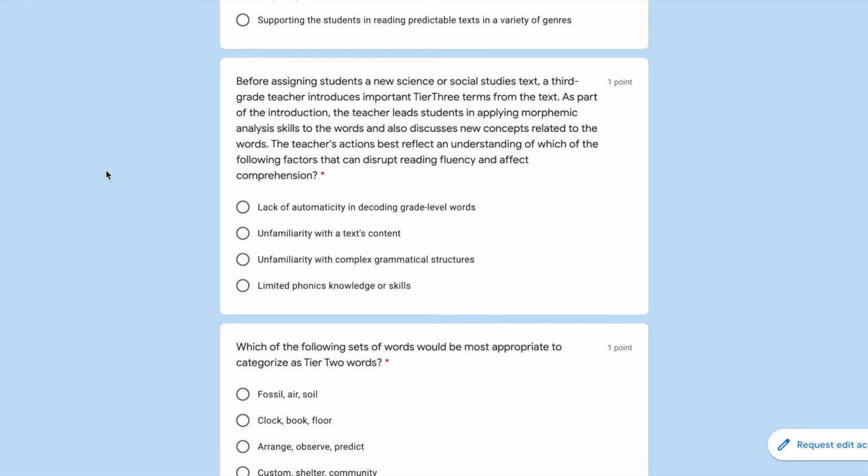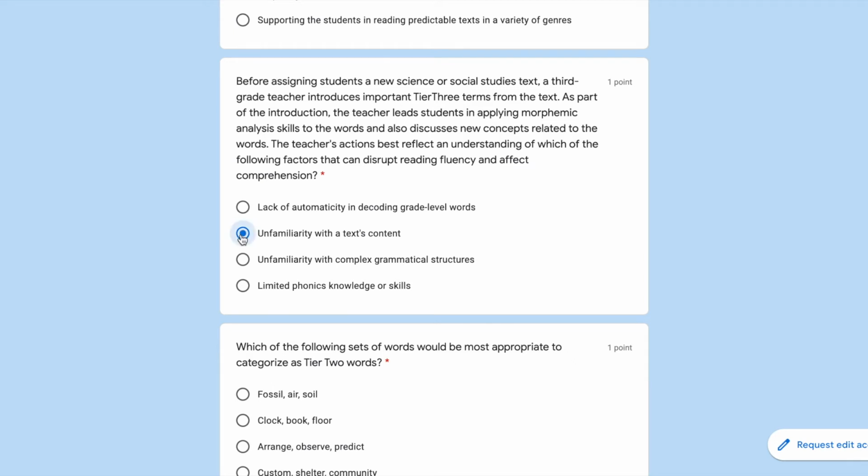Is it A, lack of automaticity in decoding grade level words, B, unfamiliarity with the text's content, C, unfamiliarity with complex grammatical structures, or D, limited phonics knowledge or skills? Pause here, choose your best answer.